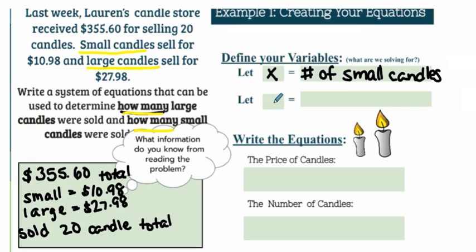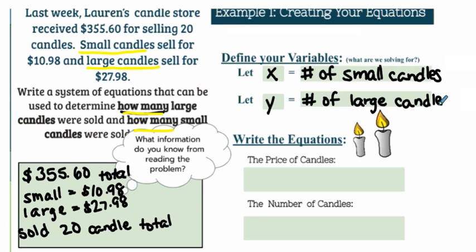All right, and then we're going to use Y to represent the number of large candles. Those are the two items we are trying to solve for.